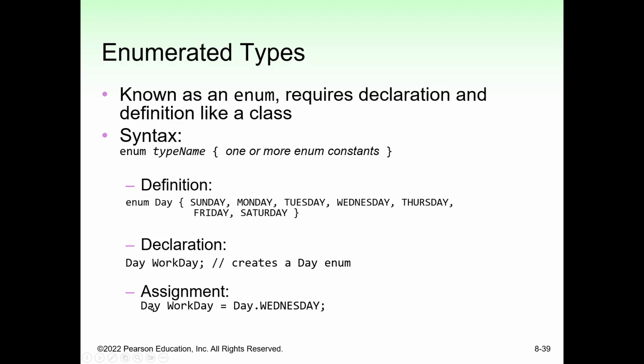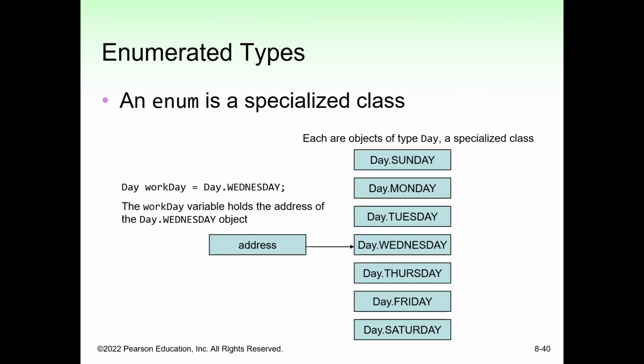You just say Day workDay equals Day dot and whatever value you want it to have. In this case, we want it to have Wednesday. So enum is just a specialized class, and basically what it means is that it has all of these objects: Sunday, Monday, Tuesday, Wednesday, Thursday, Friday, Saturday.